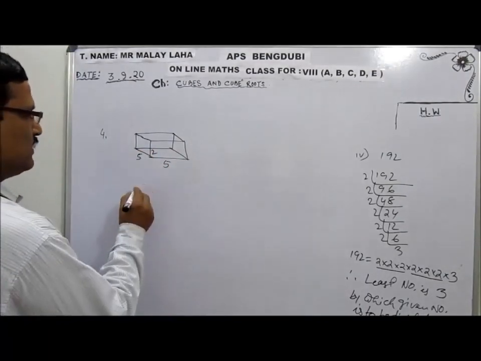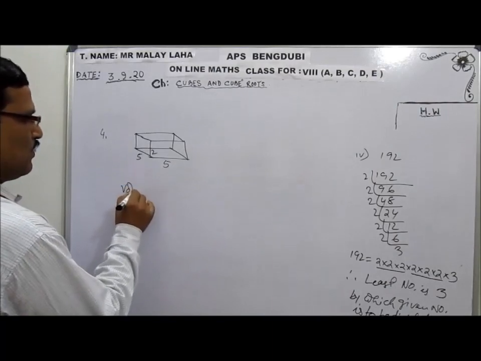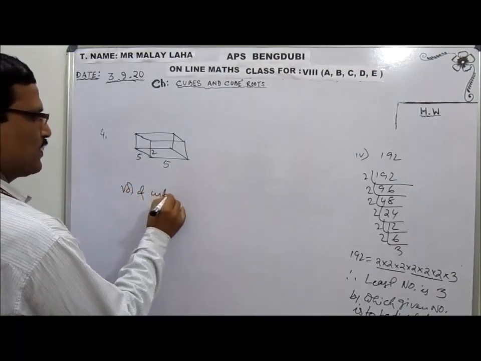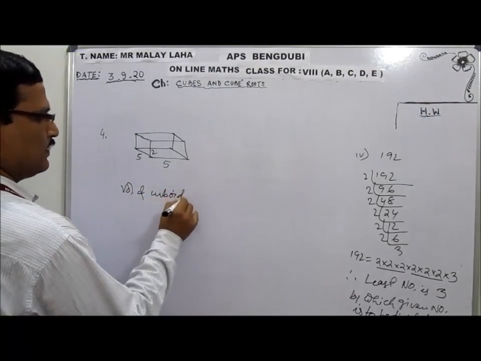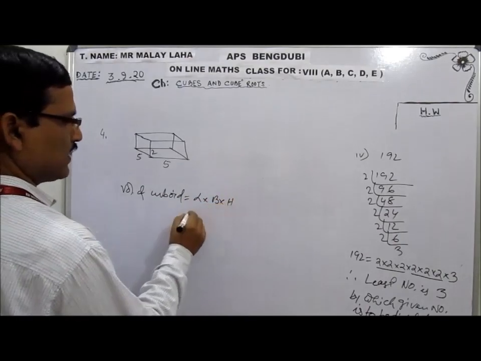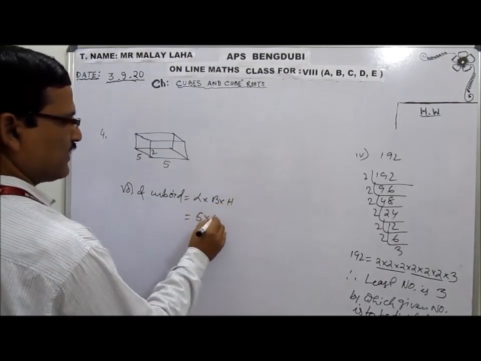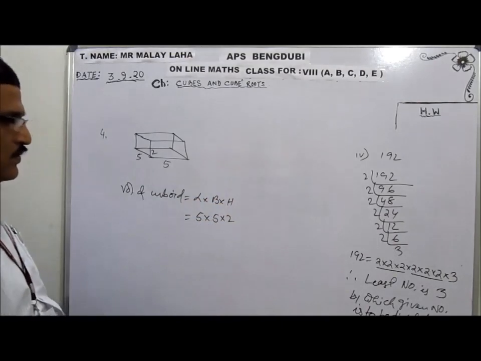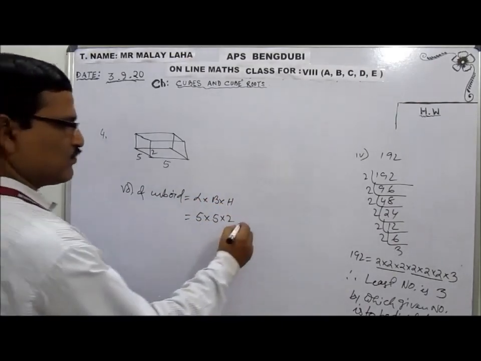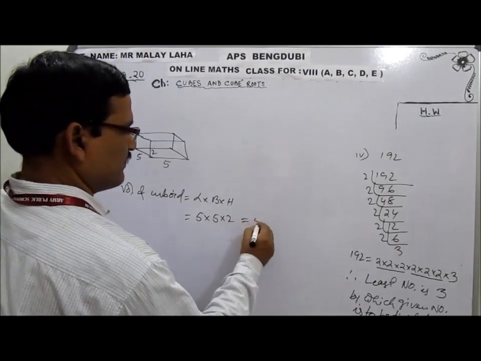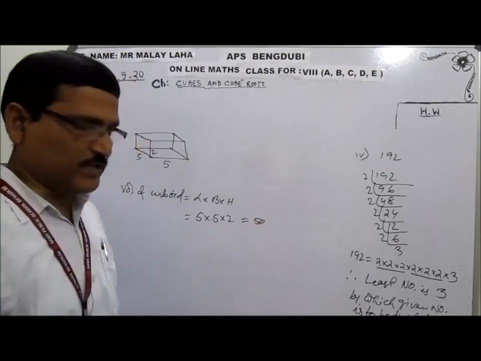You see, the volume of a cuboid equals L into B into H, that is 5 into 5 into 2, which equals 50. But this 50 is not a cube.